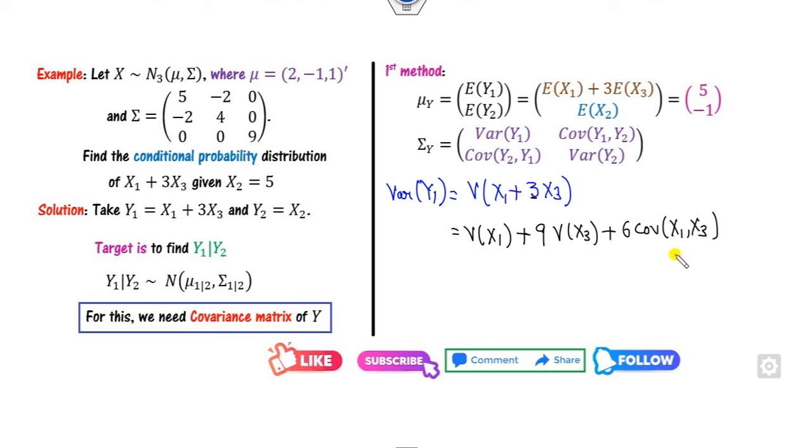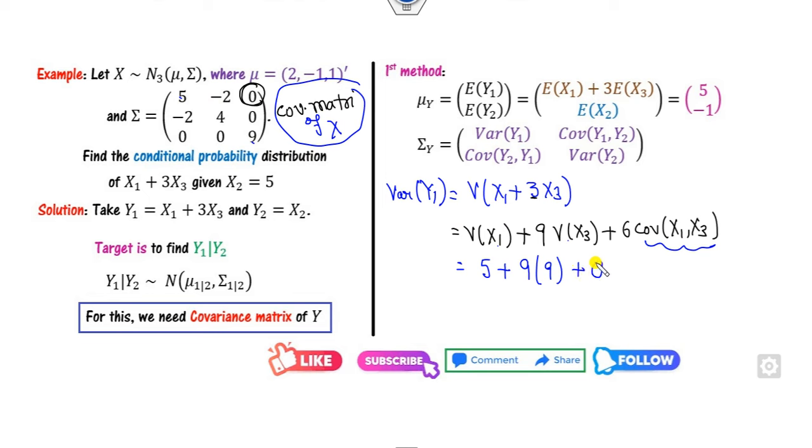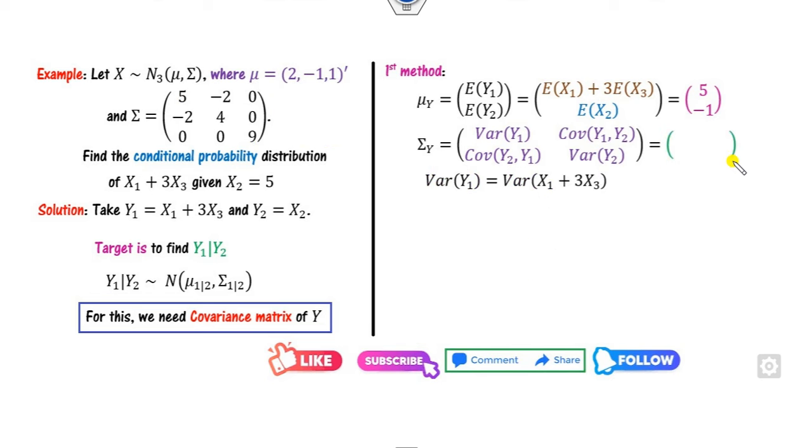What is the covariance of x1, x3? Looking at the covariance matrix of x, this number is 0. Variance of x1 is 5, variance of x3 is 9, so that is 86.